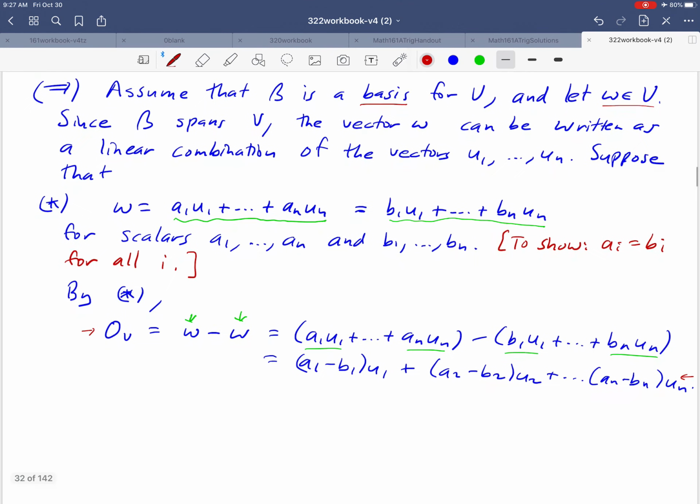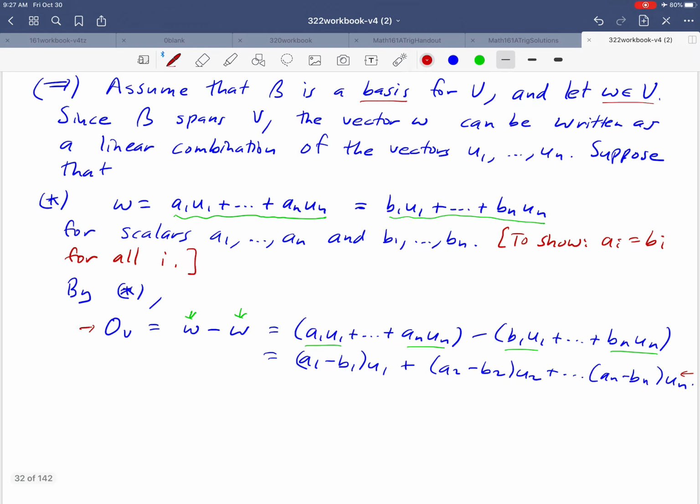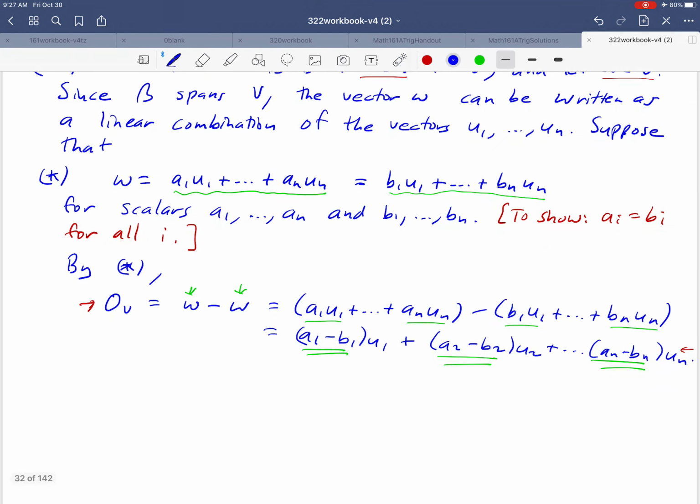Since beta is linearly independent, that means that the equation we're looking at down here can only have the trivial solution. In other words, all of these coefficients, one by one, have to be zero. So beta is linearly independent, and we know that each of those coefficients, ai minus bi, has to be 0 for all i.